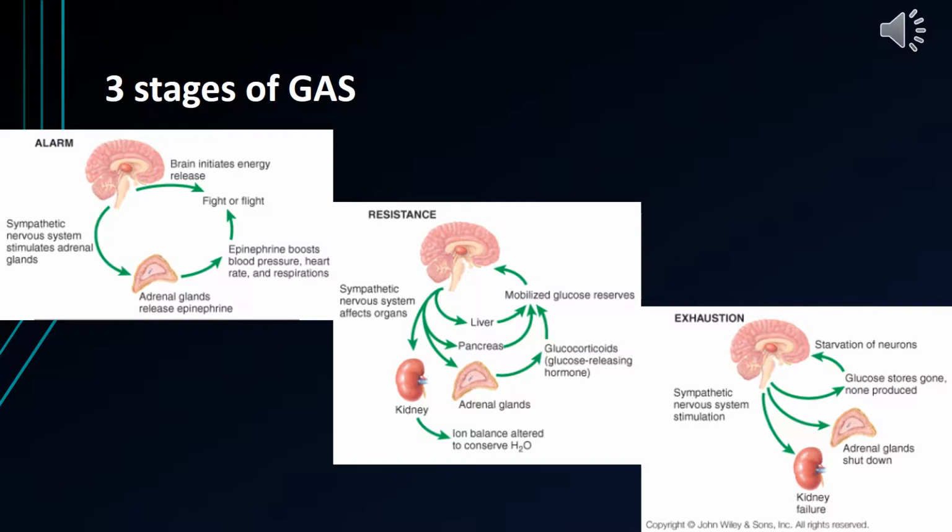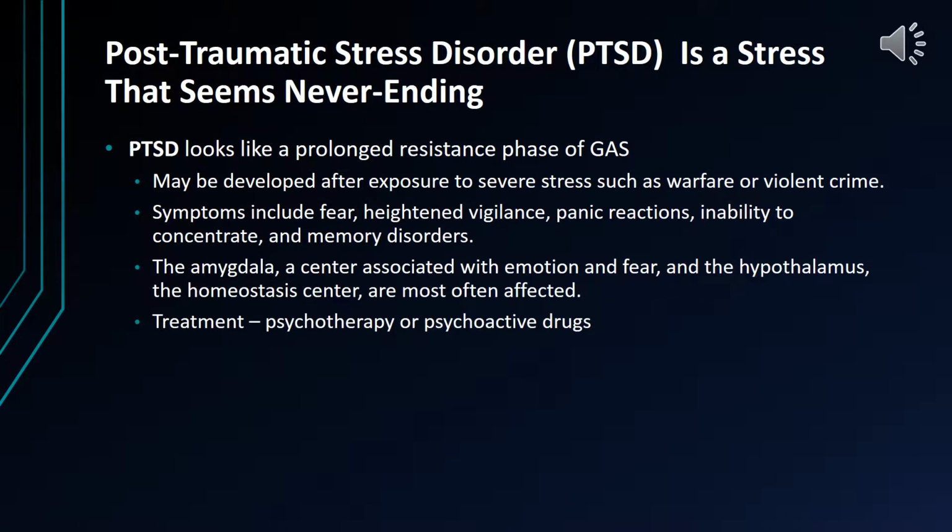But anyway, moving on. So since we're on the topic of stress, we're going to talk about post-traumatic stress disorder, or PTSD, which is essentially stress which seems never ending. And in this disease, it's essentially just a prolonged resistance phase in GAS, and this may be developed after exposure to severe stress, such as warfare or violent crimes, such as rape or homicide.